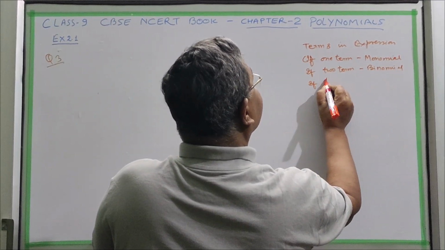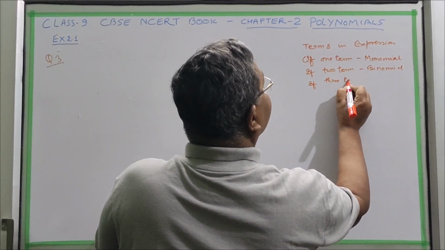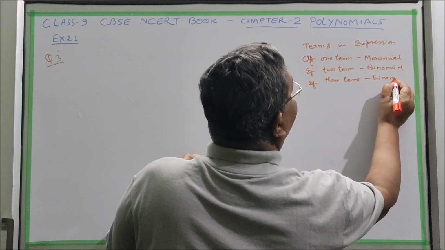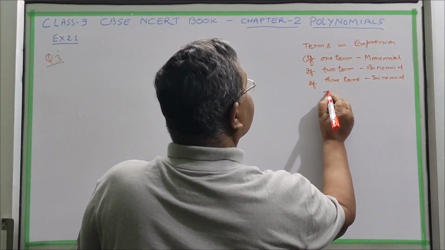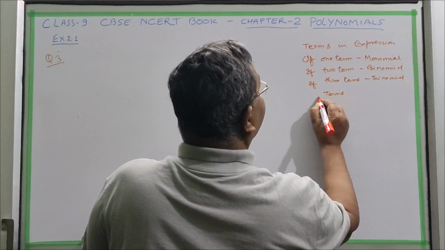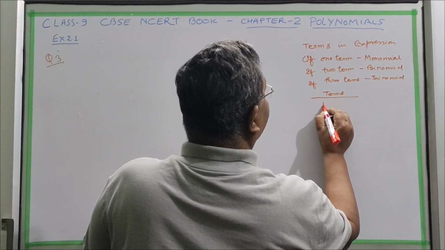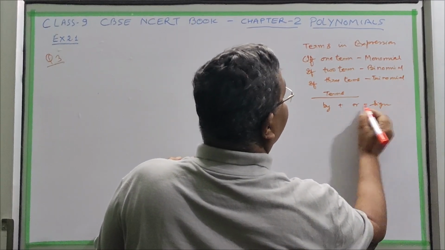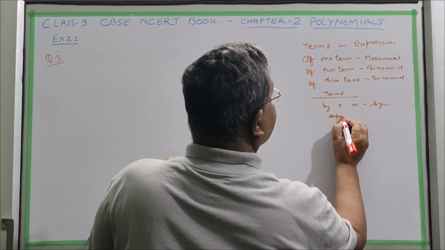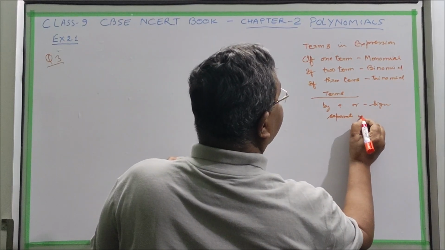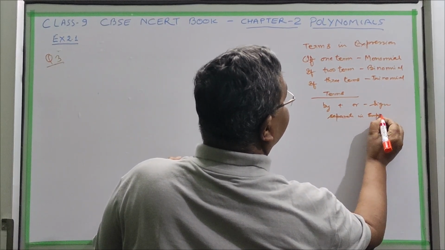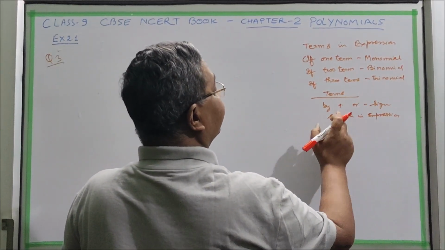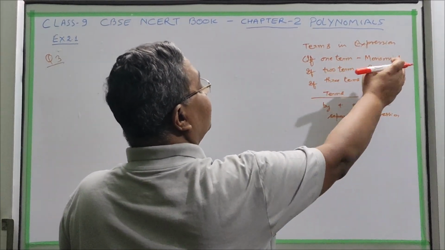If three terms, trinomial. And terms are separated by plus or minus signs in an algebraic expression. Okay. So how will you know how many terms? The plus or minus sign indicates how many terms are there. If one term, monomial; two terms, binomial.